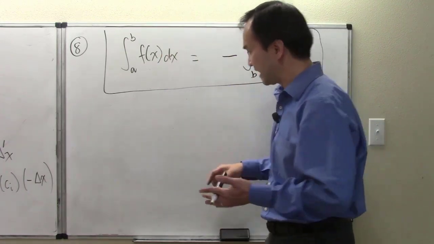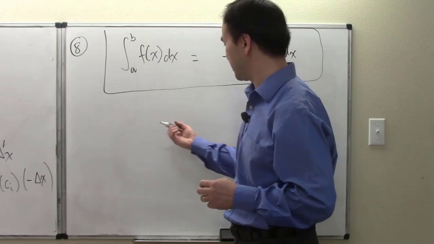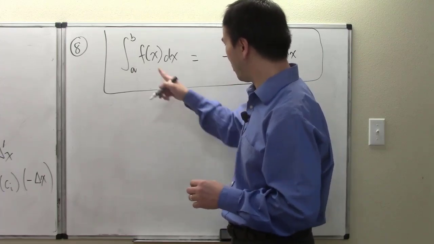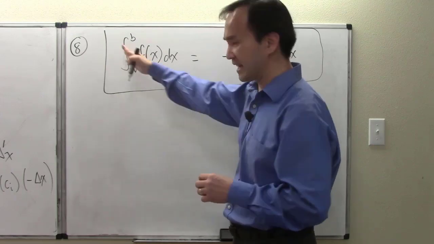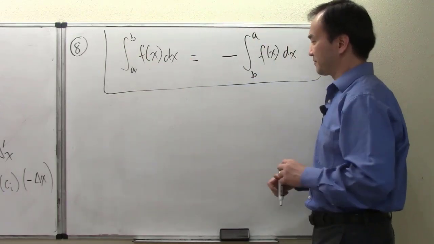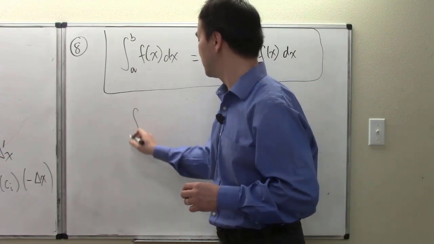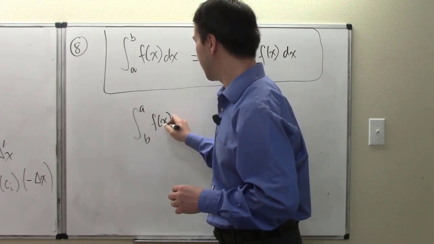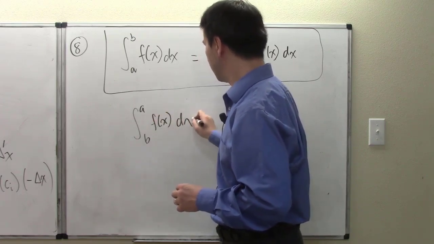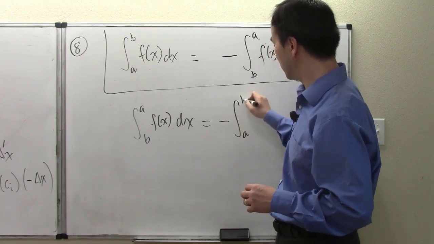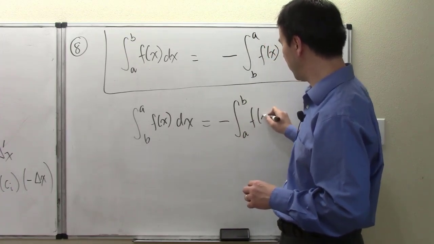And just like that, I've proven that other result. I just erased it. So we can multiply both sides by the negative sign, and that's how we arrive at this particular work. The integral from b to a of f of x was how I started out with the proof, and I showed that it was equal to the negative of the usual one from a to b.